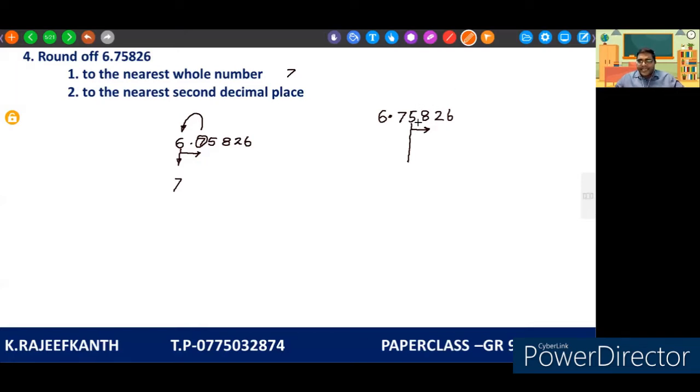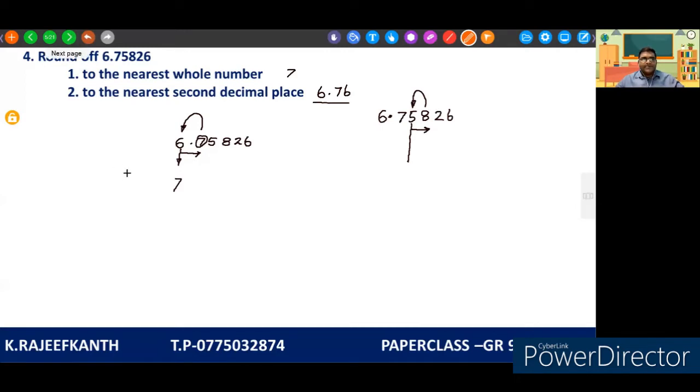Then that is greater than 5. So we have to add 1 to this 5. Then that number will be 6.76. So if we round 6.75826 to the nearest whole number, then that will be 7. To the nearest second decimal place, that will be 6.76.